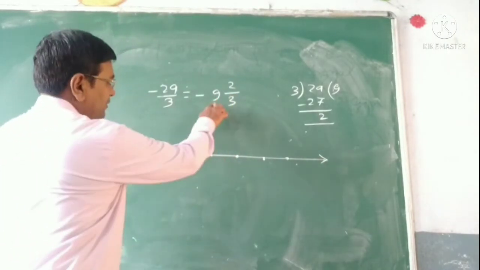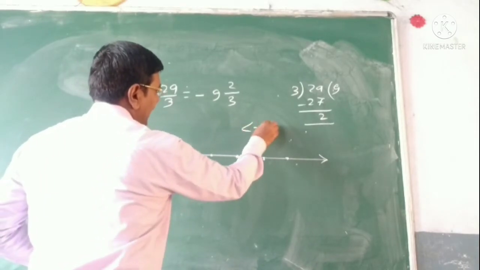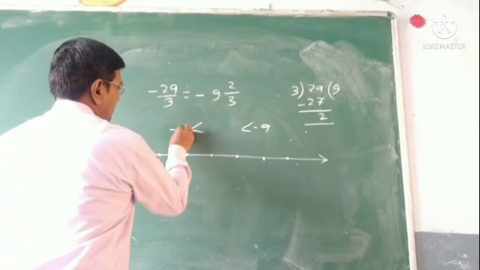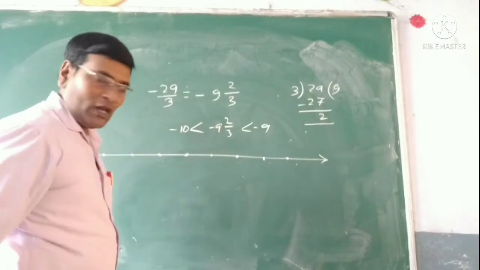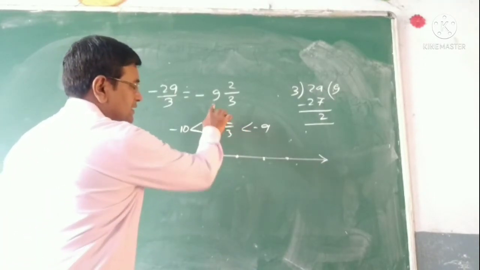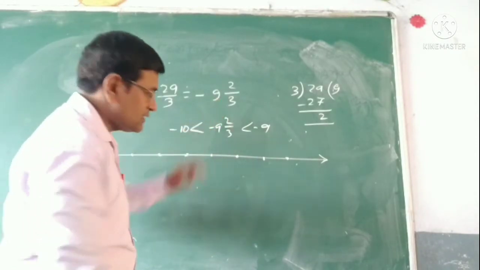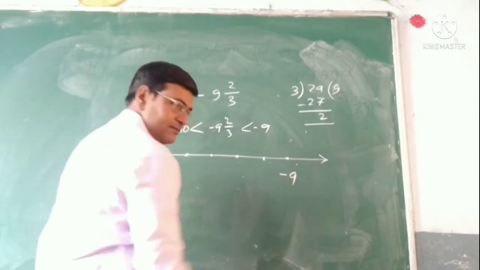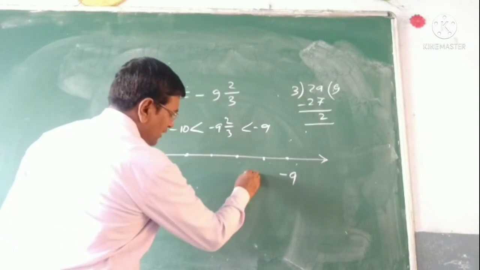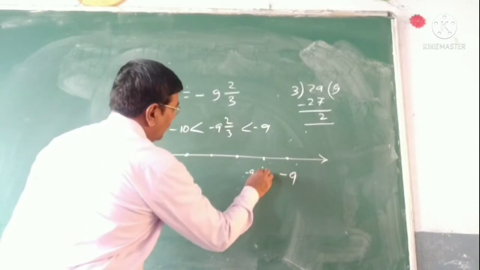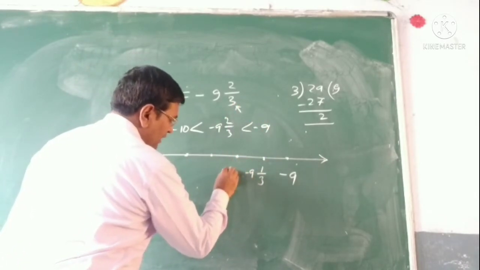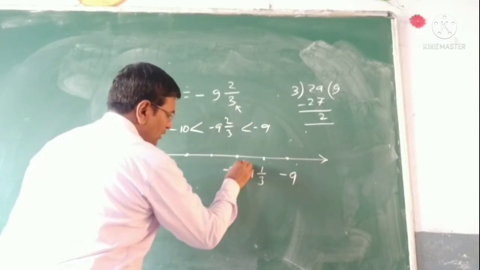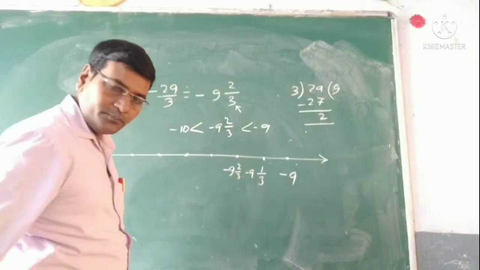That means this number will lie between -9 and -10. This is between -9 and -10. Right here -9 and here -9 whole 1 by 3. Denominator is 3. This point will represent -9 whole 2 by 3.